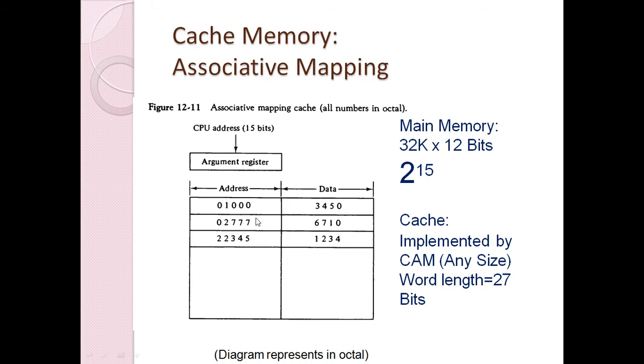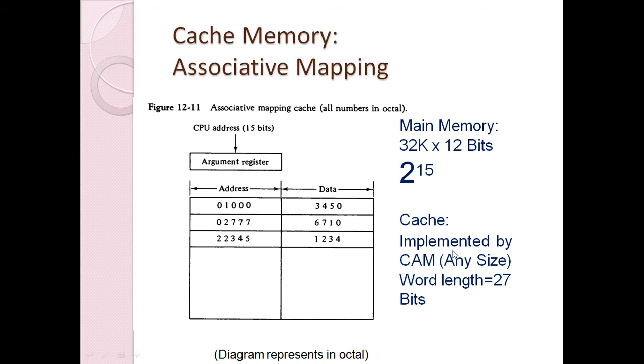So I store the address as well as data in the associative memory, because associative memory has no addresses. Everything is treated as data. So the address also goes as part of the data of associative memory, along with the data of main memory. This complete 15 plus 12, 27-bit word is stored in the associative memory, which is working as cache memory.